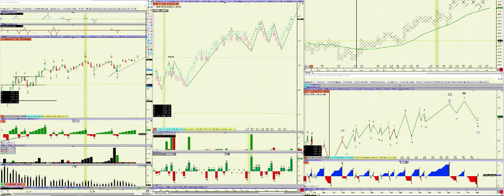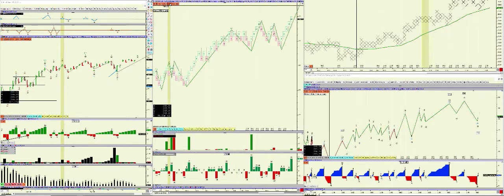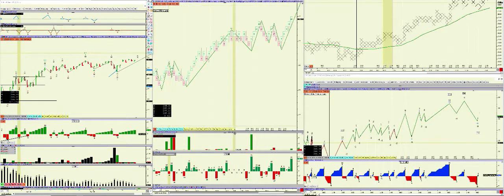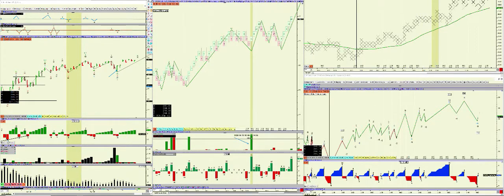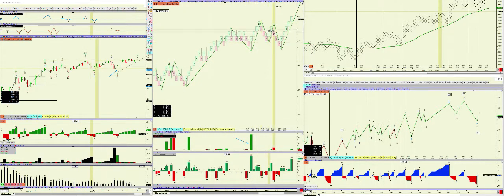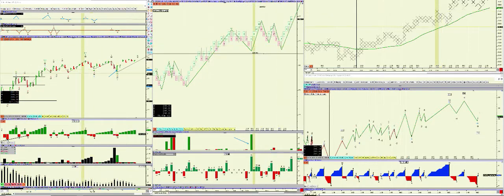Look at this. That's buying pressure that came here and it went up. And all these waves did was just test it.